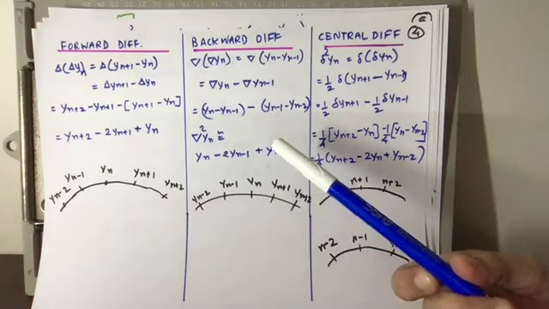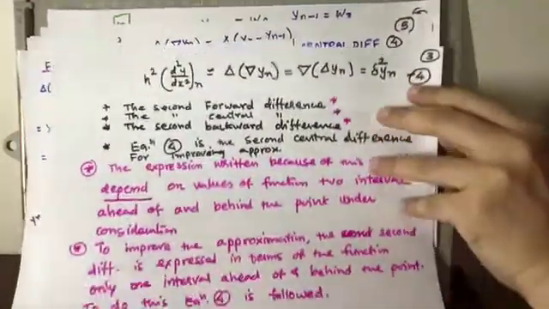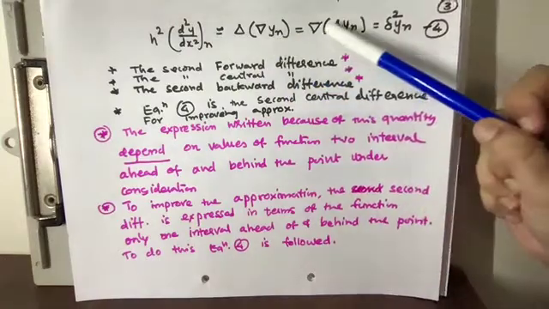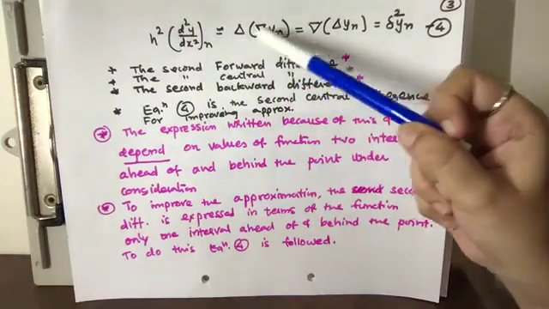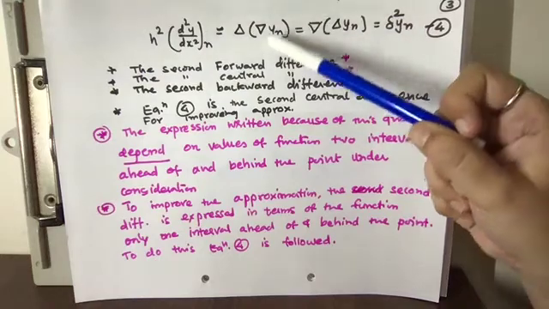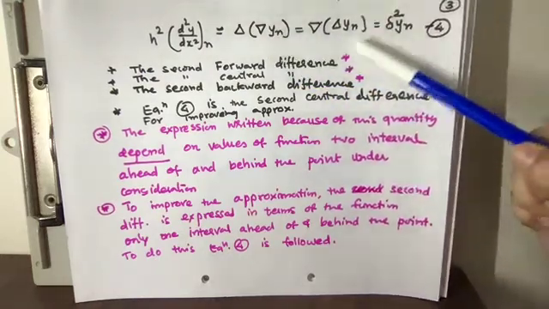What I explained to you is we are going to use this equation. So one forward and the backward of the function value y_n, the difference of that will give you delta square. Now we expand this and we will see what will happen.